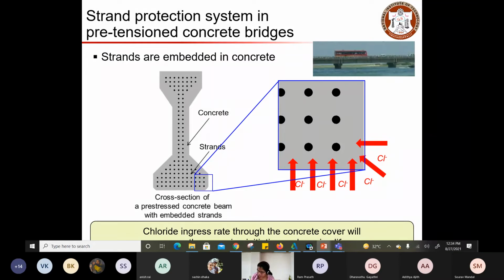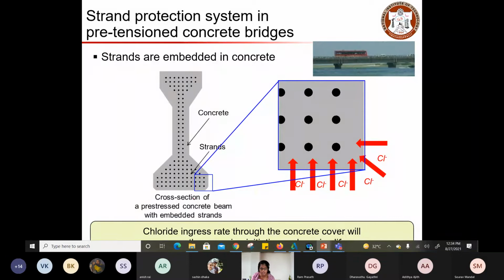Here you can see a typical girder that we can consider from a bridge structure. Your strand arrangement will be something like this in layers, and then you have concrete. This represents the cross section of a pre-stressed concrete beam with embedded strands, right?